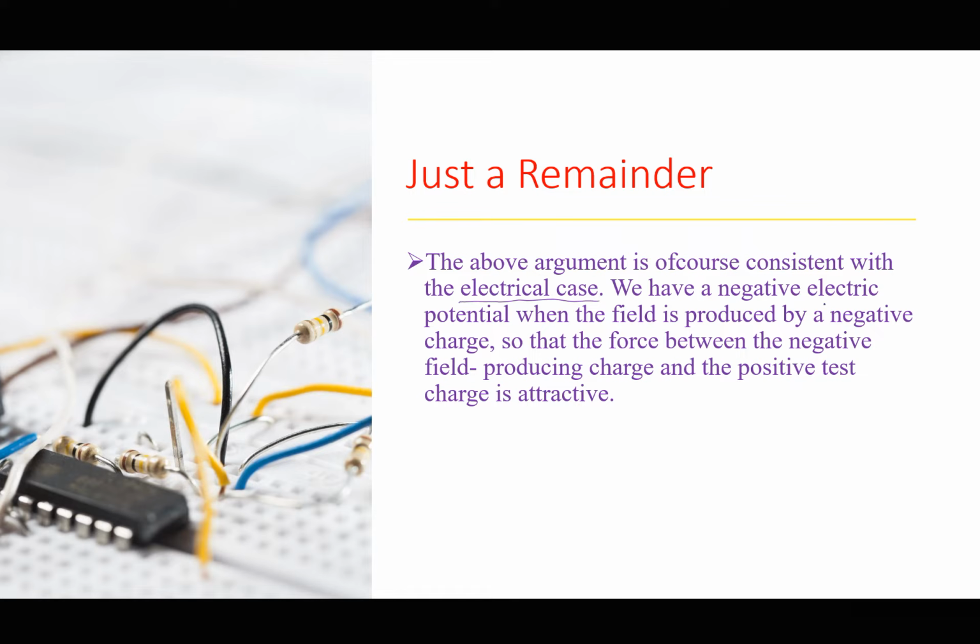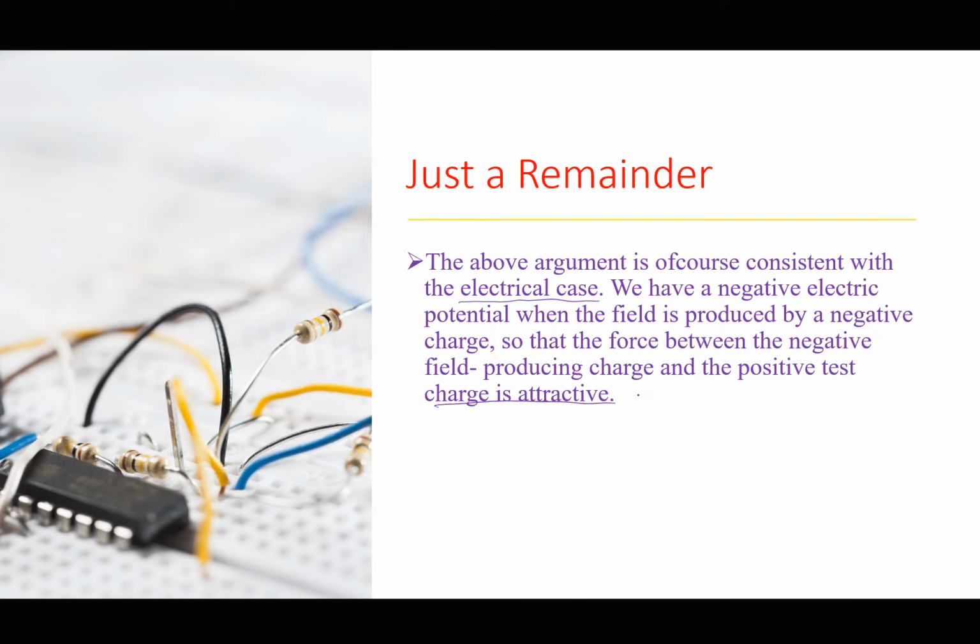So we have a negative electric potential when the field is produced by a negative charge, so that the force between the negative field-producing charge and the positive test charge is attractive. When the force is attractive, the potential is going to be negative.